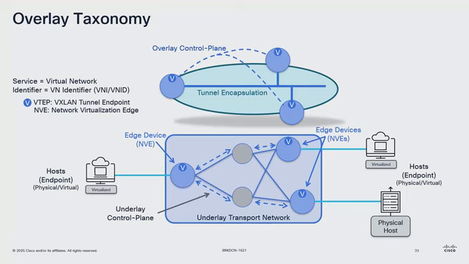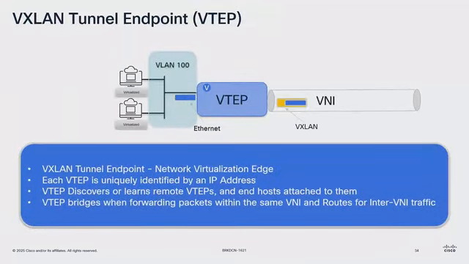So I can introduce different service identification based on, instead of a VLAN, now I have something called a VNI. And that's what's going to make sure I can have that isolation, a new identification, a flexible namespace of how we can actually segment. So here's the VTEP. Now the primary role of a VTEP is to take the Ethernet packets coming in, or the Ethernet frames, I should say, and then encapsulate that into a VXLAN frame.